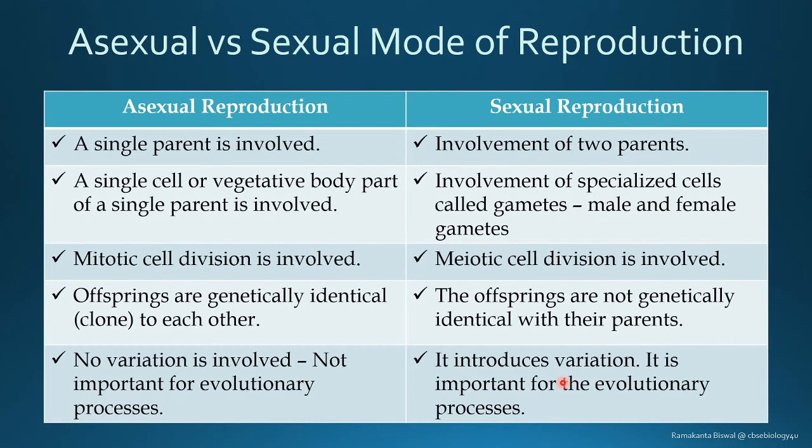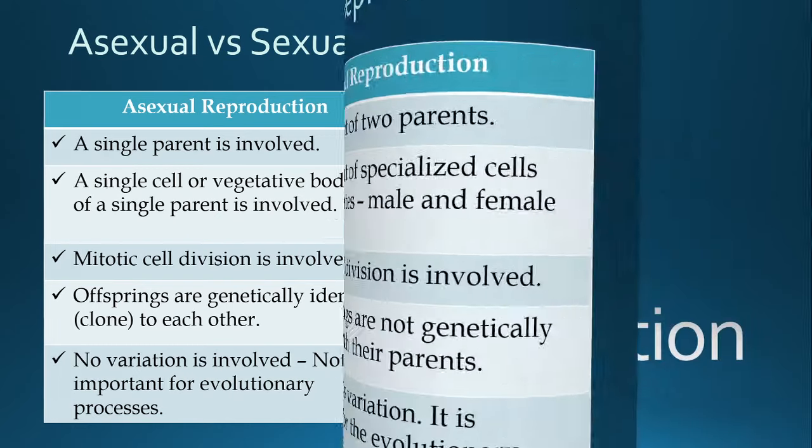If you remember from class 11th, you learned in meiosis, prophase 1, crossing over. That process gives rise to variations, and that is a very important key factor in evolutionary processes. In class 10th also you learned about variation and its importance in one of the chapters. I hope you remember that. If not, you need to learn it again.